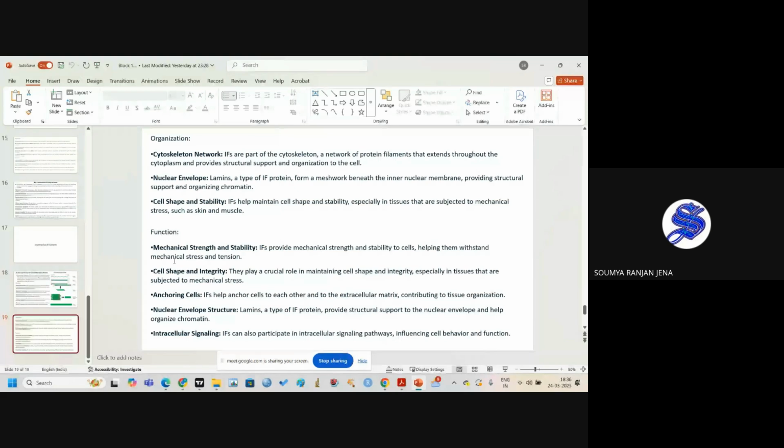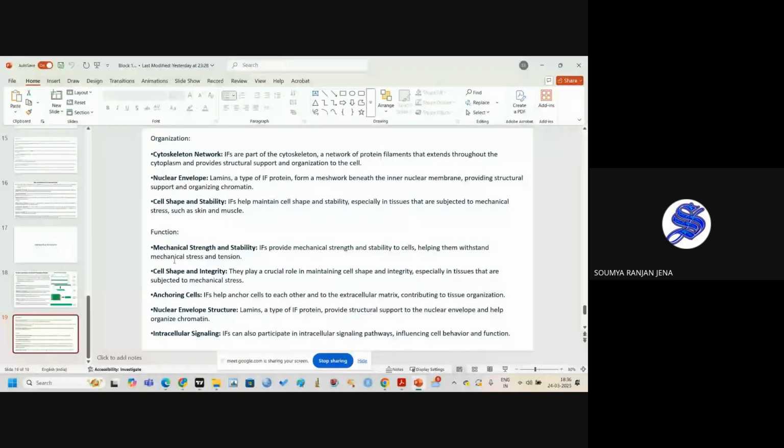This is properly maintained by these intermediate filaments. Then, in shape and integrity, they play a role in maintaining cell shape and integrity, especially in tissues that are subjected to mechanical stress.